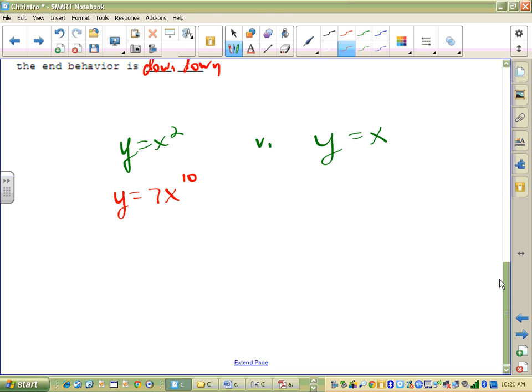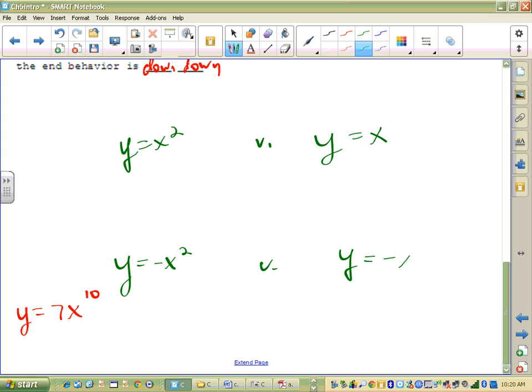Well, what about this? Negative x squared. So it's either going to follow one of these four patterns then. Y equals negative x. Okay, so let's think about y equals negative x to the 5th. Well, that's going to be like this one. So if you know the end behavior of those, which are pretty basic functions, you should be able to figure these out relatively quickly without a graphing calculator.